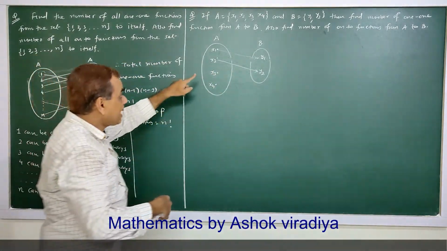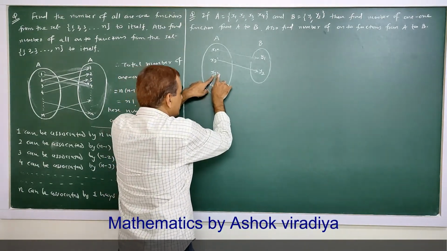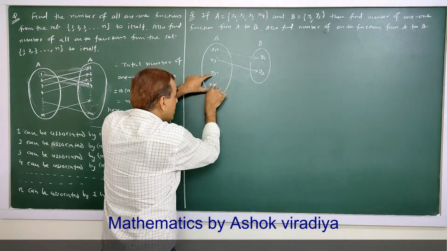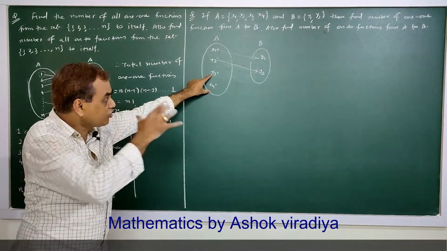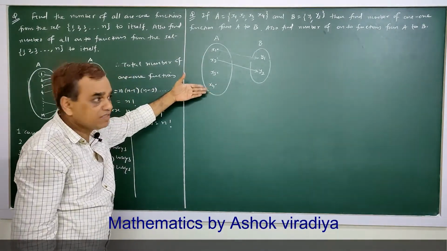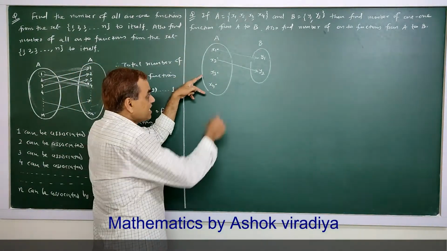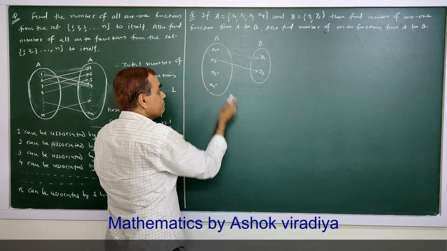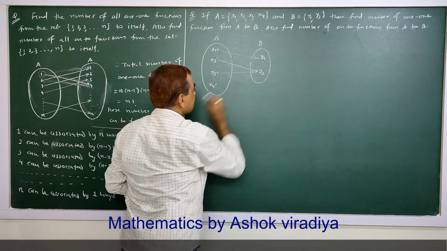But then coming to the next, x3, there are still 2 elements in the first set left, and for this to be a function, every element must be associated with someone. So association of these elements with someone is a must. So if you join x3 with y2, then this is not 1-1.